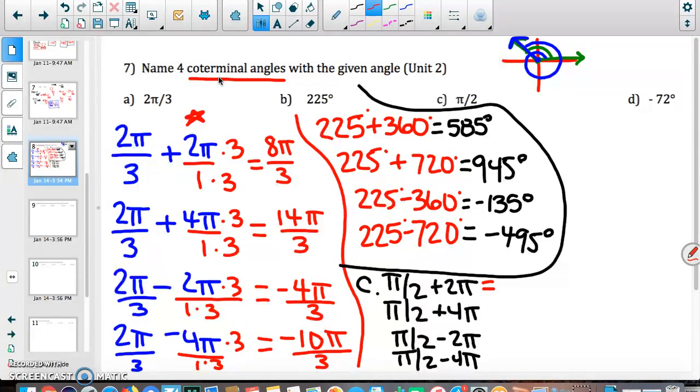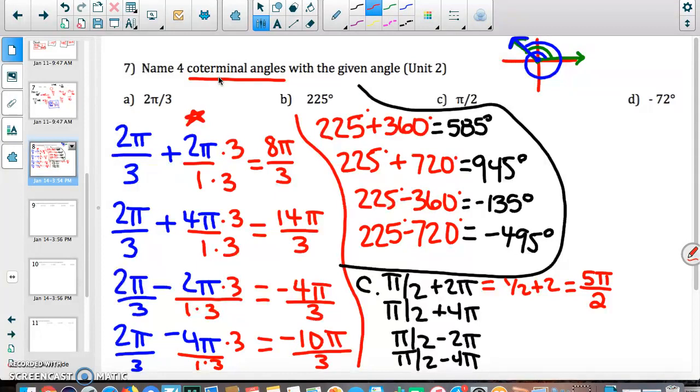So this first one, if you don't like adding fractions, what you can do is put in your calculator 1/2 plus 2, and then do the math frac button, and it will give you 5 over 2, and then you just have to add in the pi at the end. If you put the pi into your calculator, it won't make it a fraction, because pi is irrational.